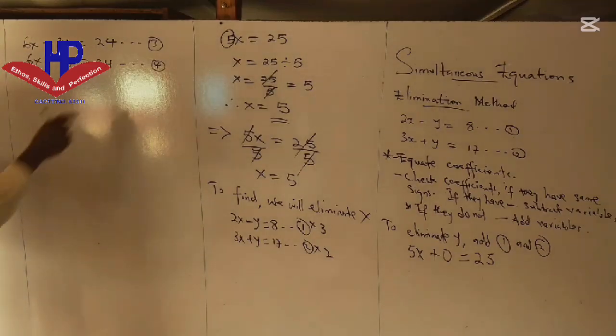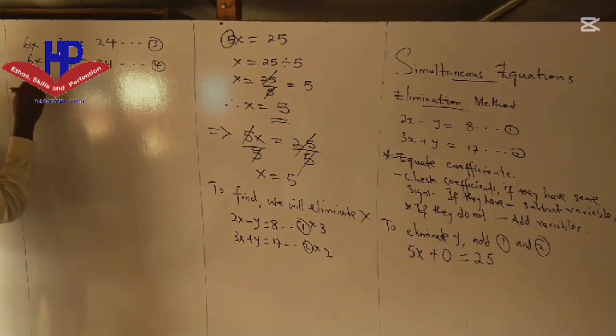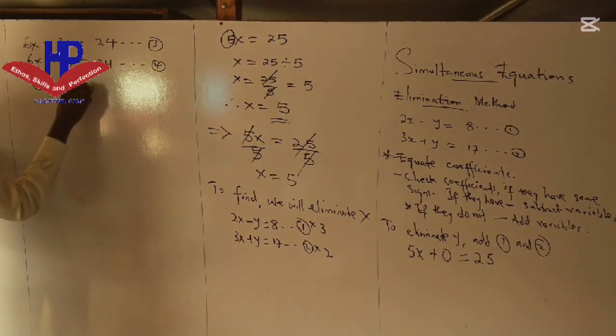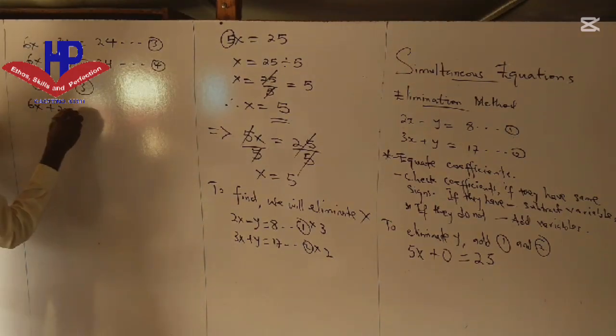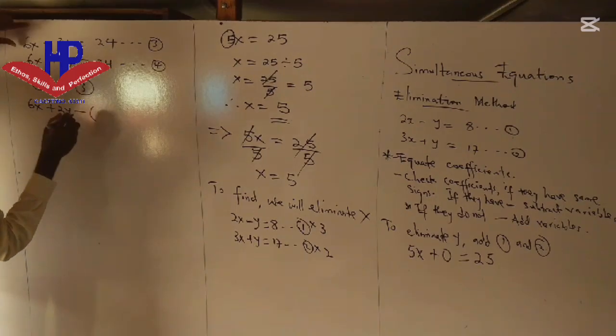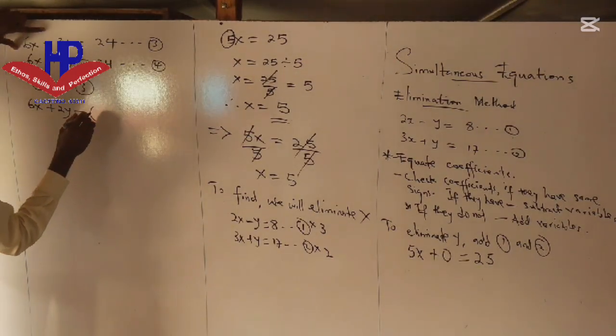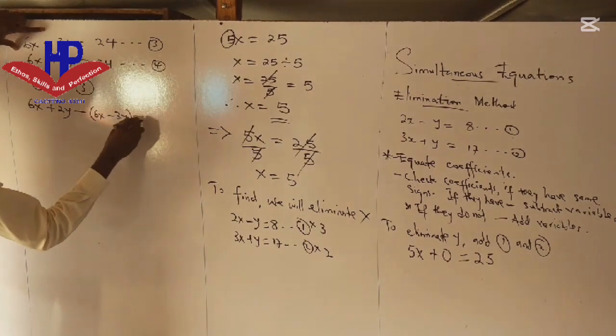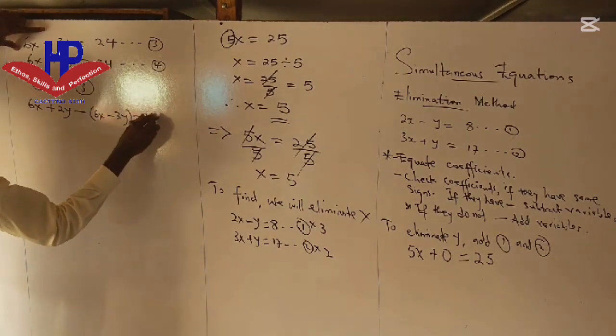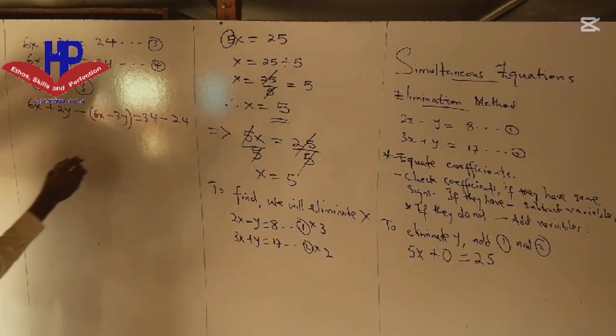So we have to do equation 4 minus equation 3. So equation 4 is 6x plus 2y, minus equation 3, 6x minus 3y, is equal to 34 minus 24.